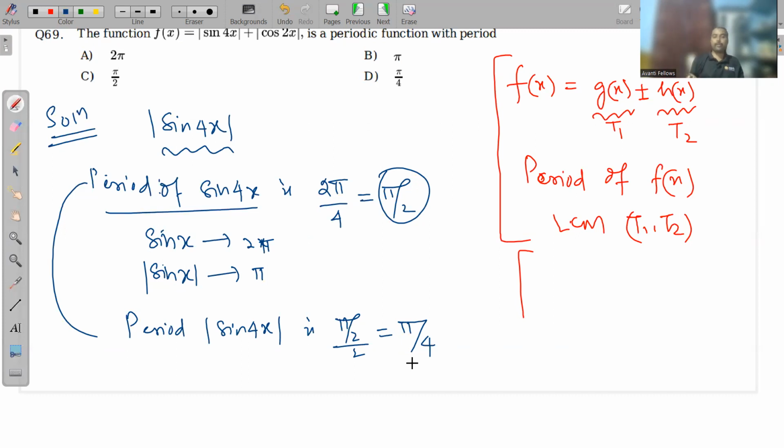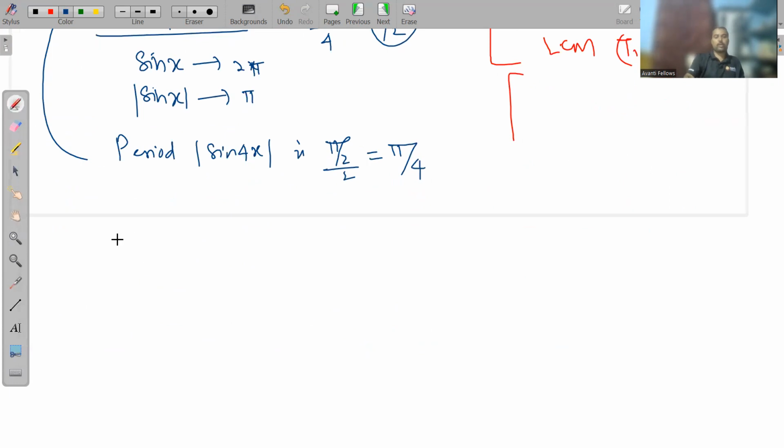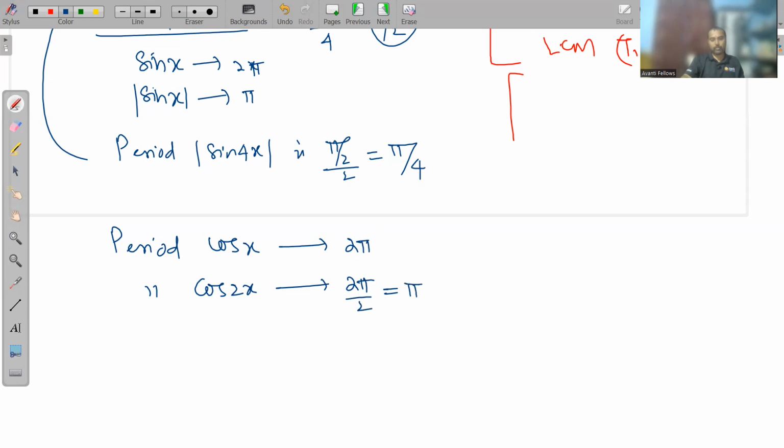Then we'll try to find the period of mod of cos of 2x. The period of cos x is 2 pi. So the period of cos of 2x will be 2 pi by 2, which is equal to pi.